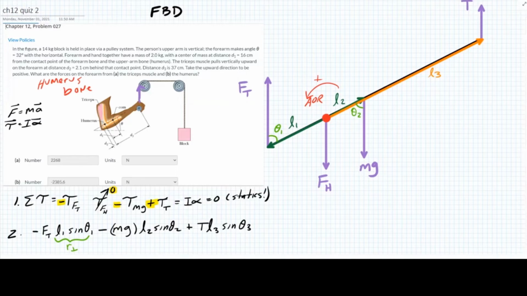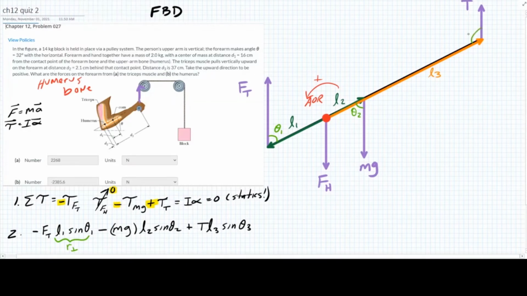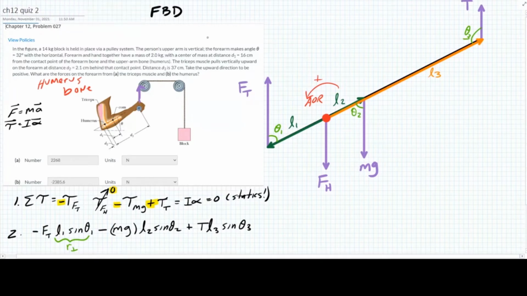Here's L3, so it would be, this is theta 3, right here. Theta 3. That's theta 3. And you know what? I can't help but notice that if I just added these grid lines right here, I'll leave it. But all right, that's it. Equals 0.